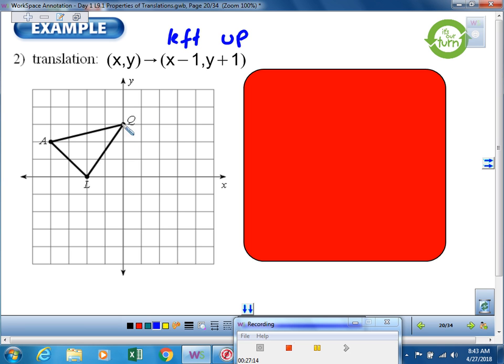So I just take each point, I'm going to go left 1, up 1, plot a point, and label it Q prime. And then I do it to each point. I take the A. I go left 1, up 1, A prime. And then the L. Left 1, up 1, L prime. And then with your straight edge, you're going to connect the dots.